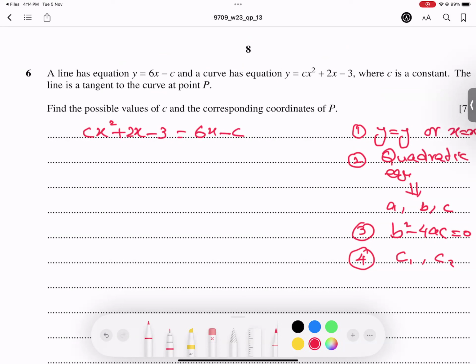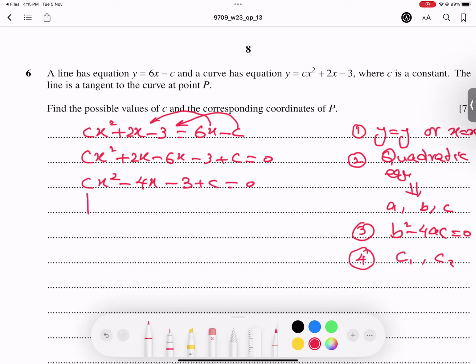Now reorder, try your level best to keep x squared positive. It's not compulsory, but try. Now 6x will come this side, negative 6x, and c will come this side, become positive c, equals to 0. So cx squared, solve these two values, I get negative 4x, and this you write as it is. No issue at all.